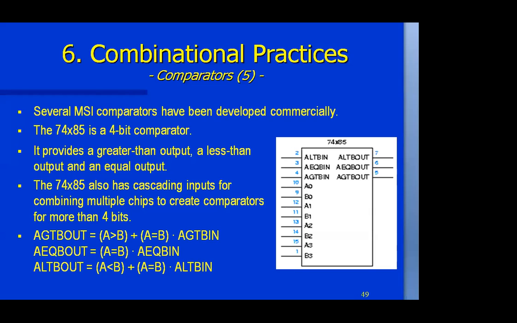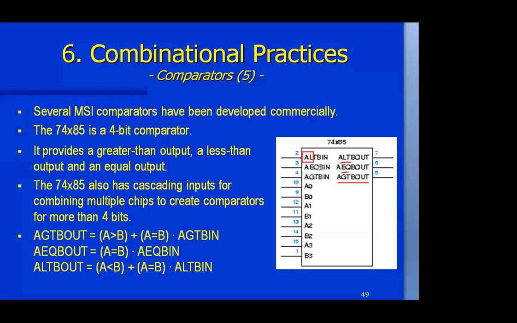If you check the IC pins, we have 3 outputs: A LT, meaning A less than B, A EQB, A equal to B, and A GTB, A greater than B. Similarly, we have 3 additional pins: A less than B in, A greater than B in, and A equal to B in.